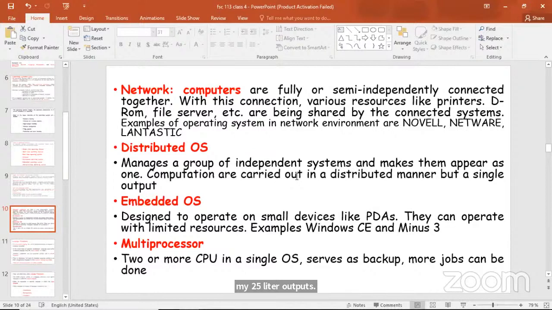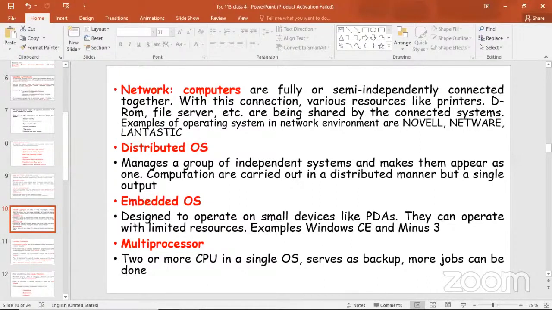They can operate with limited resources. Now, when you have a very small system, the ROMs are programmed in a very small microprocessor so that they can work seamlessly on very small devices.